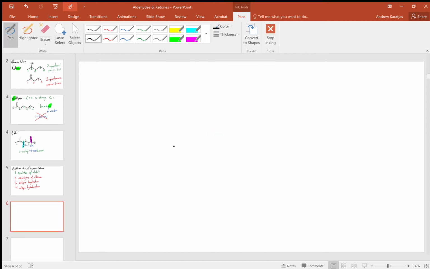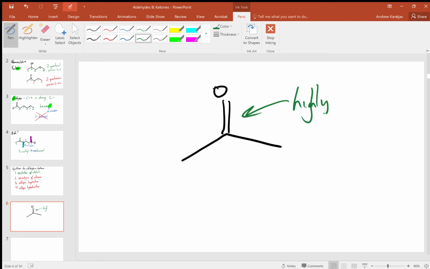And the key with carbonyls is the fact that this carbon-oxygen double bond is highly polarized. We know that oxygen is much more electronegative than carbon, and so with carbonyls, we're looking at a partial negative on oxygen, partial positive on carbon.